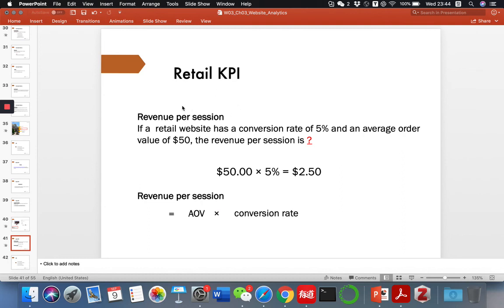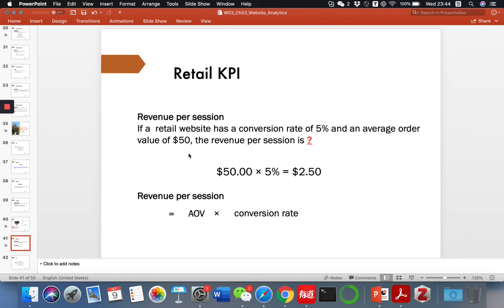And the fourth KPI for retail websites is revenue per session. So we have the number of sessions, the first metric, and the second metric KPI is conversion rate, and the third one is AOV.